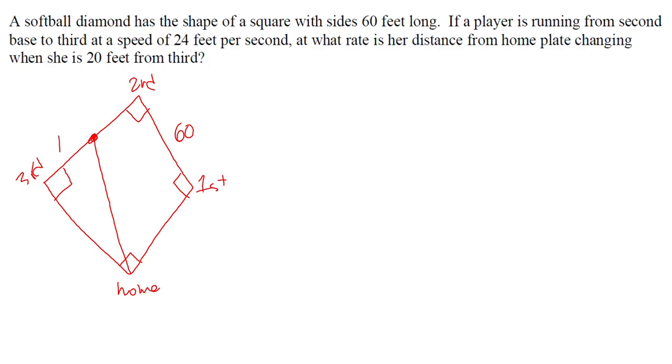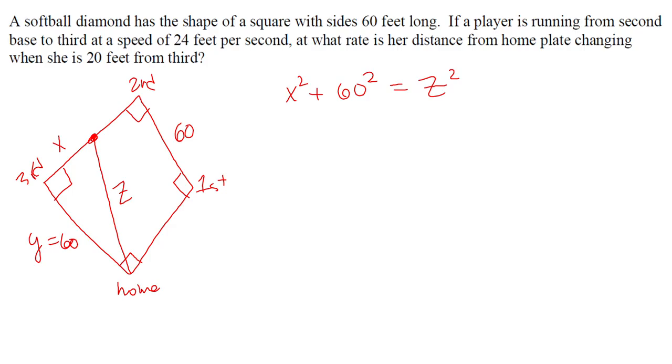Right, so this will be our x. This can be our y, which is going to be 60 because the distance between third and home is not changing. And this we'll call our z. So we can write this out as x squared plus 60 squared equals z squared. And if you used y in there, that'd be fine.